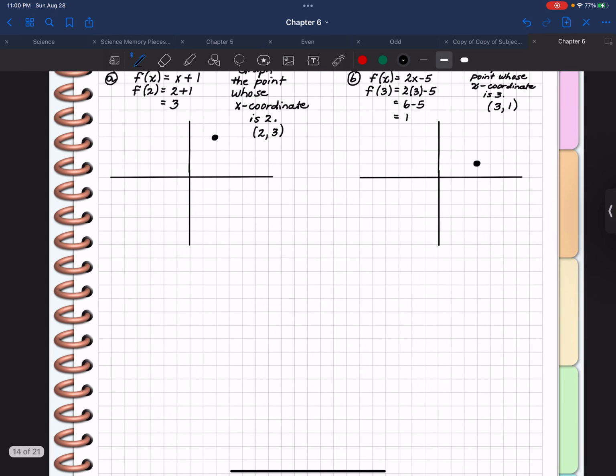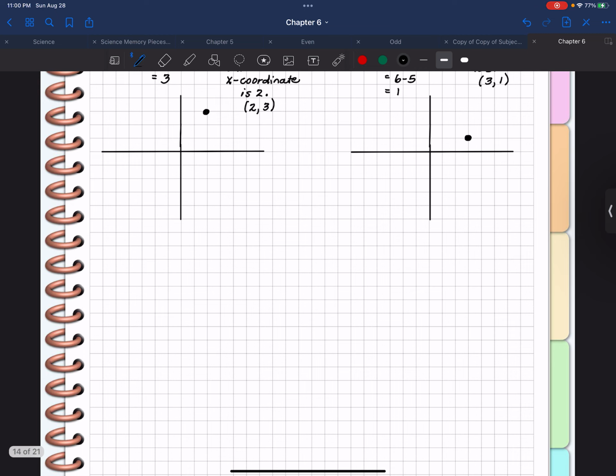In the margin, over there at the core skill, this is solving a real-world problem. Let me read it for you, and then we'll do what we need to.